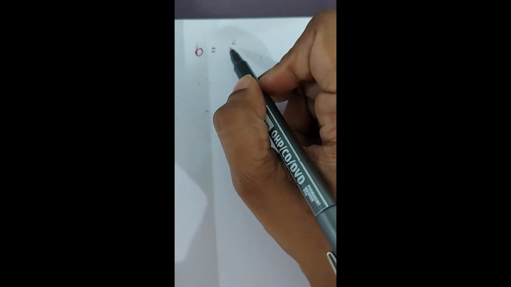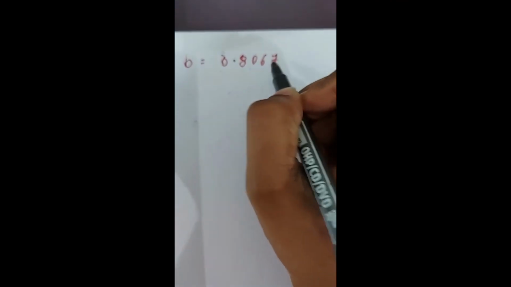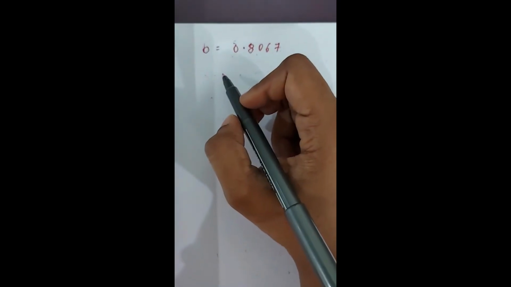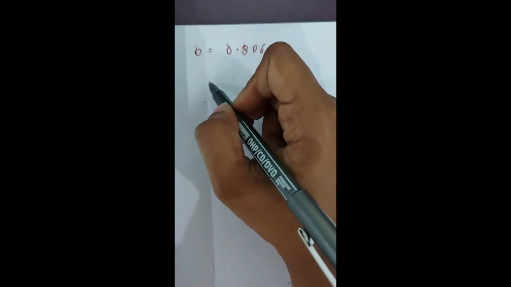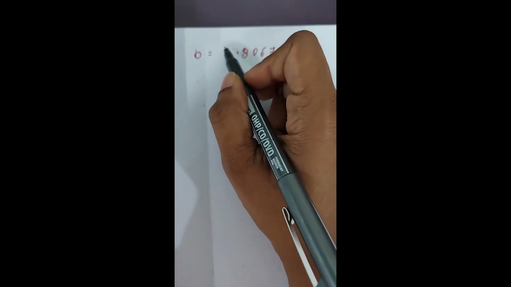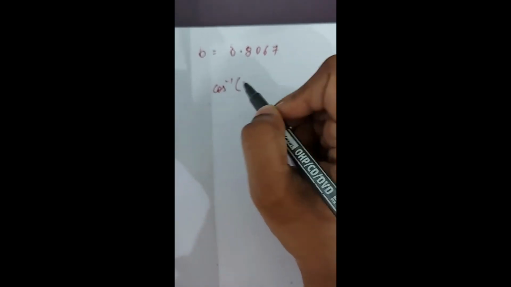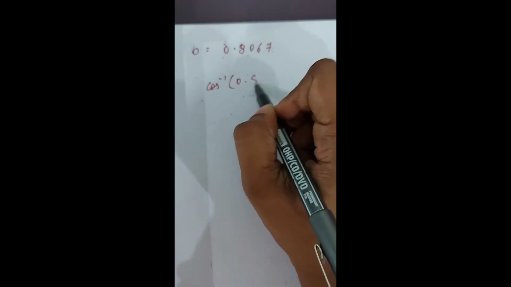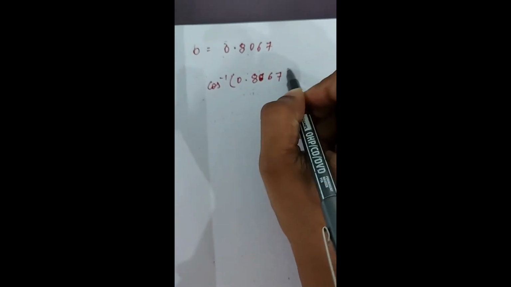b is equal to 0.8067. So we need to find cos inverse of this, that is cos inverse of 0.8067.